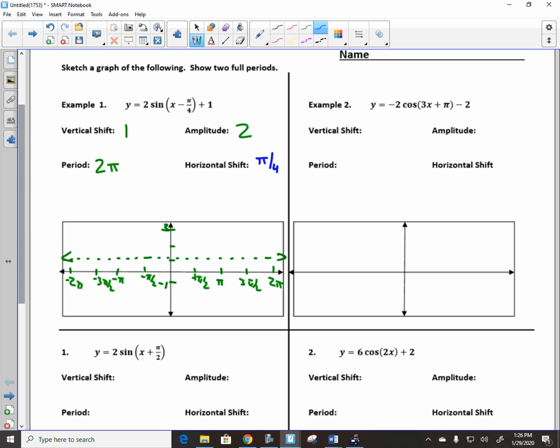Before I do pi over 4, I'm going to make a ghost graph. Where do I start? Max, min, or middle? Middle. Do I go up or down? Up, middle, down, up.